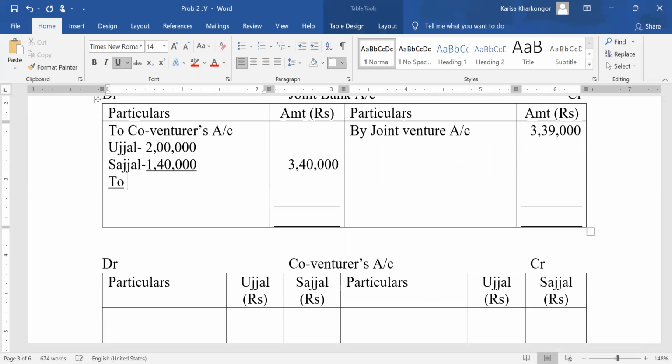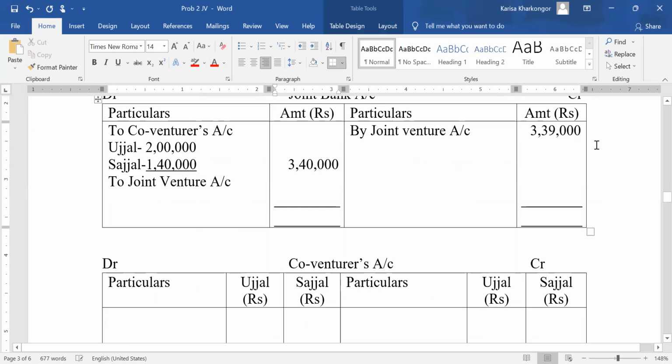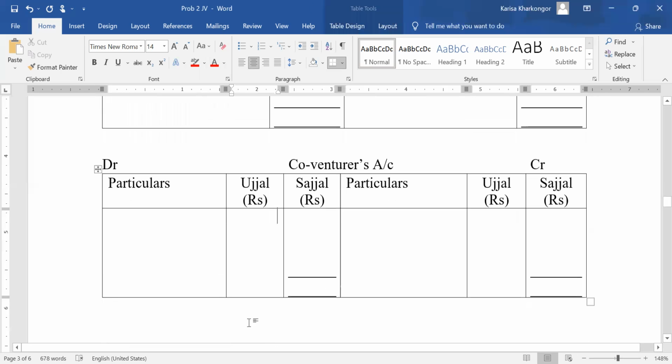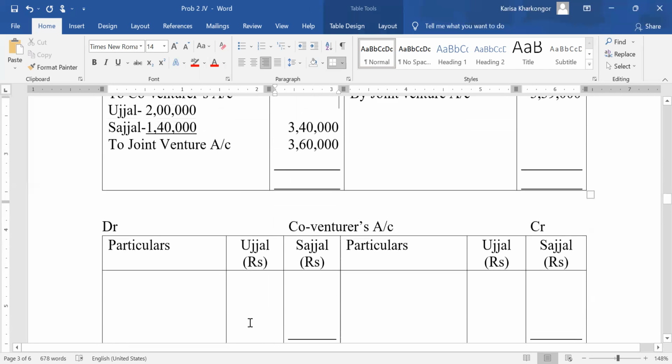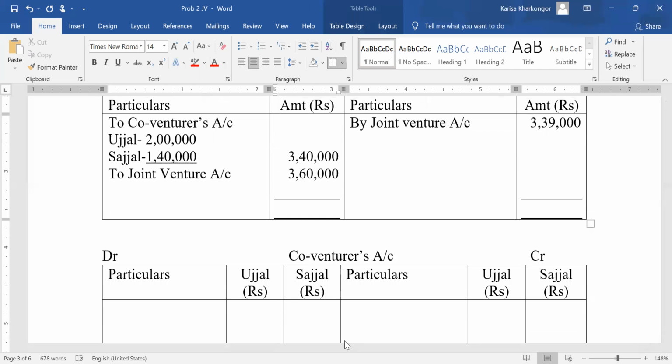So we debit that amount to joint venture account 3,60,000. So we leave this account like this. We will now open the co-venturers account.